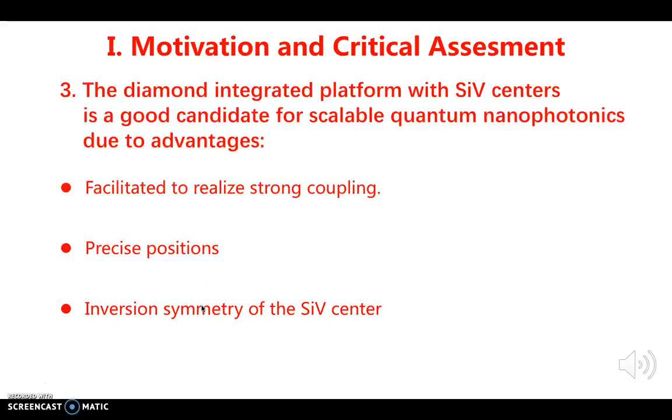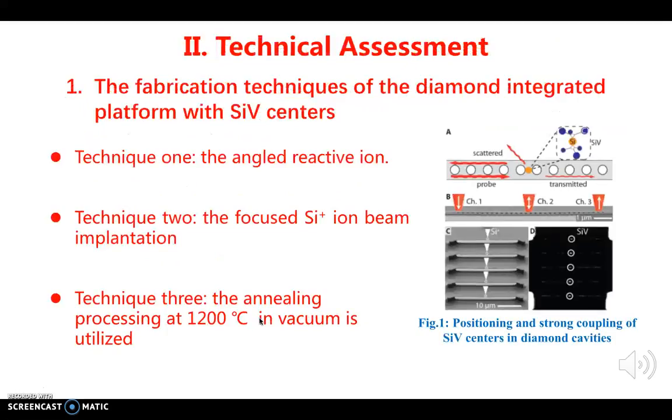What's more, the positions of the silicon vacancy centers can be precisely implanted into diamond waveguides or photonic crystal cavities. Also, the effects of inhomogeneous distribution, rapid decoherence, and significant spectral diffusion in optical transitions can be greatly suppressed due to the inversion symmetry of the silicon vacancy center, which results in nearly lifetime-broadened linewidths.